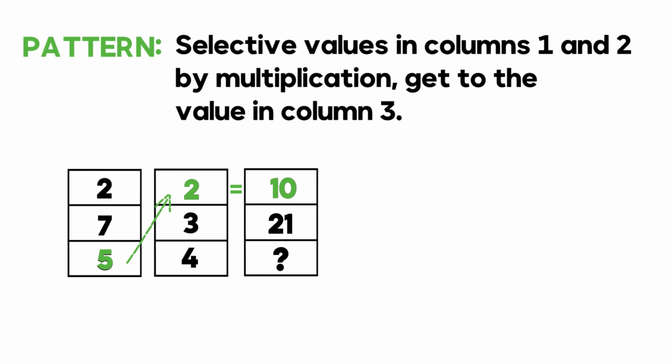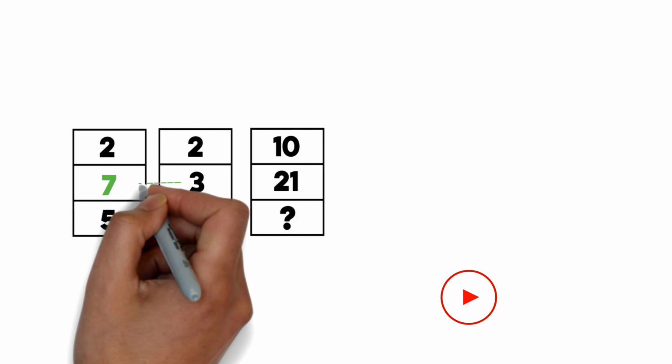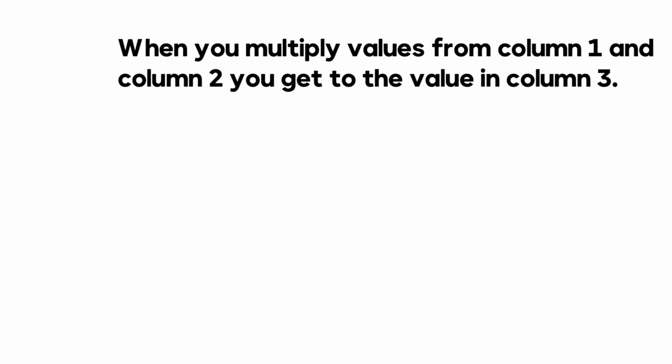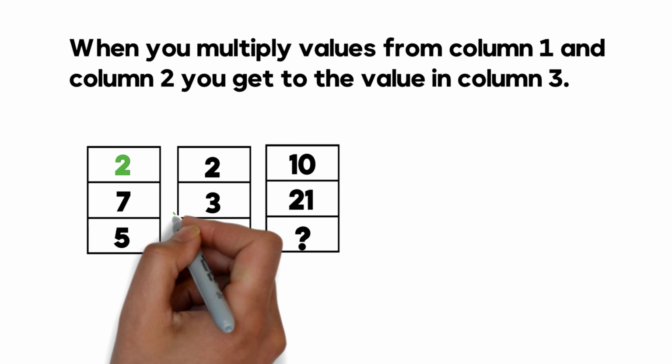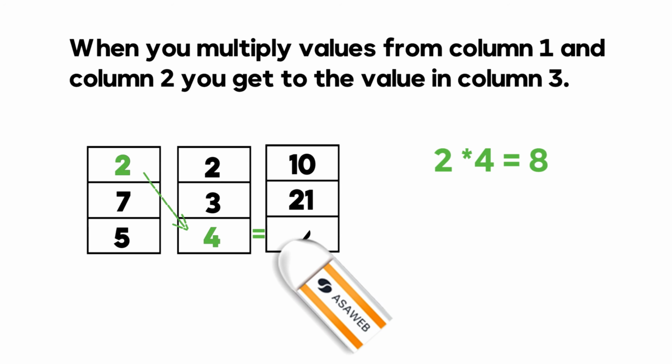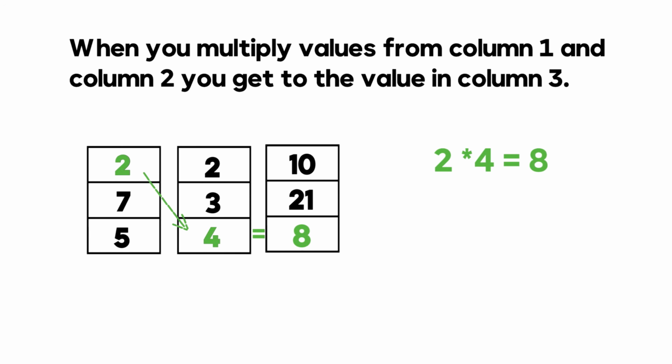If we multiply 5 by 2, we get the value of 10. The second set of values is represented by the middle row. 7 multiplied by 3 equals 21. So the missing value can be calculated by multiplying 2 by 4, and the end result is 8. So the correct answer to this problem is choice A, 8.